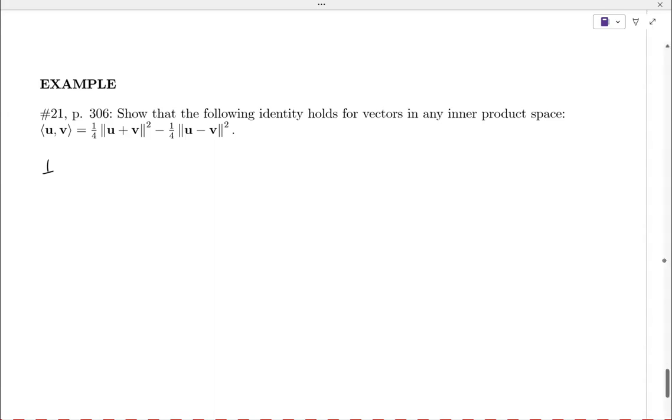So if I start with 1/4 magnitude of U plus V squared minus 1/4 magnitude of U minus V squared, there's a 1/4 in both terms, so I'm just going to pop it out. What's another way to write norm squared?